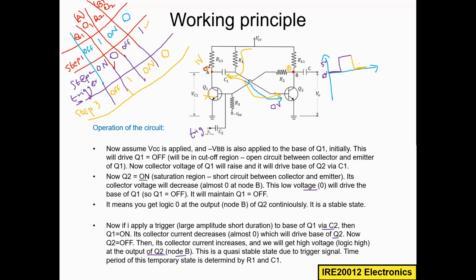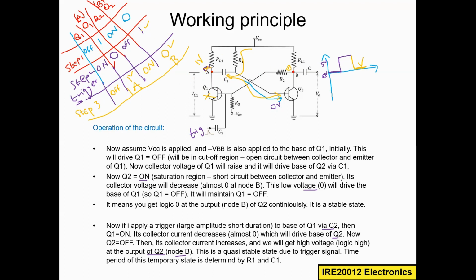So now we have logic 0 at node B and logic 1 at node A. This is node A and this is node B. This is the stable state and this is the unstable state.